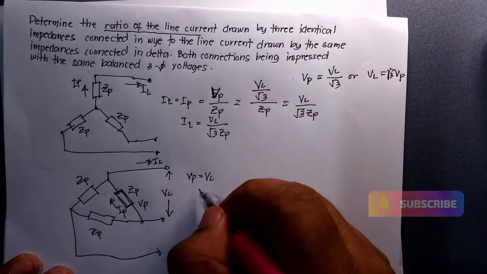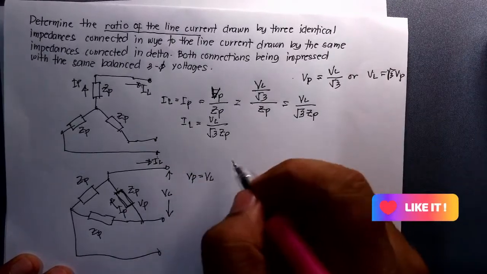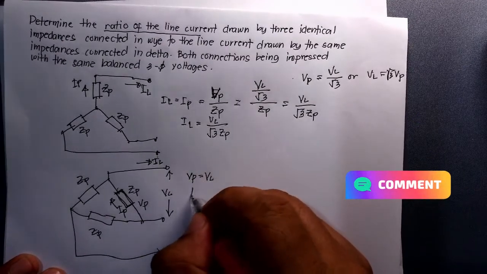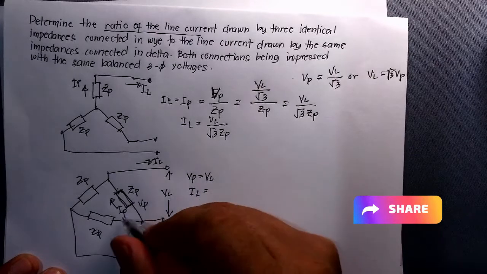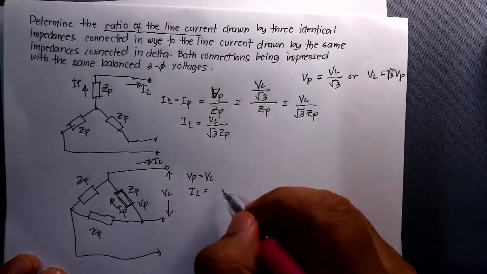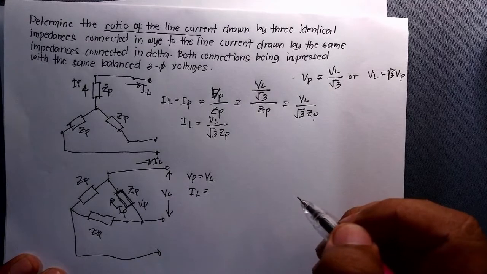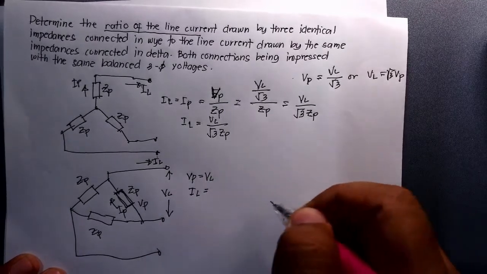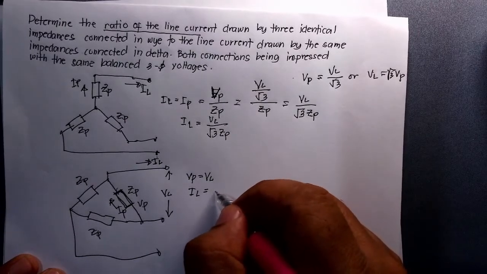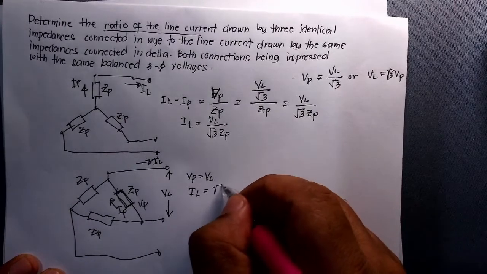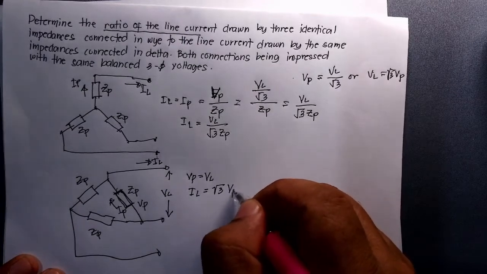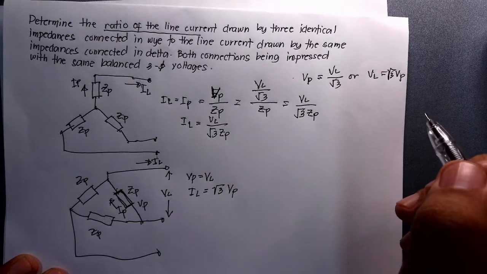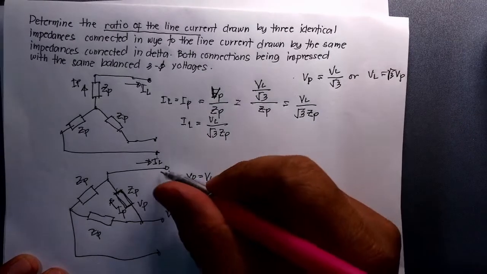What is the different variable? The different variable is the line current and your phase current, which gives you the relationship that your line current is equal to the square root of 3 times the phase current. So therefore we are to get the line current here.